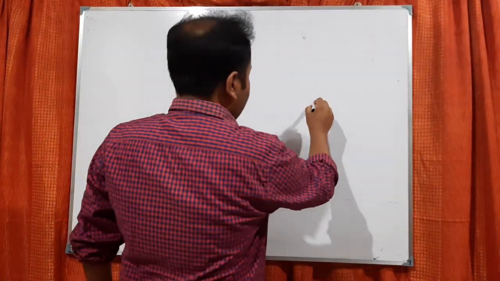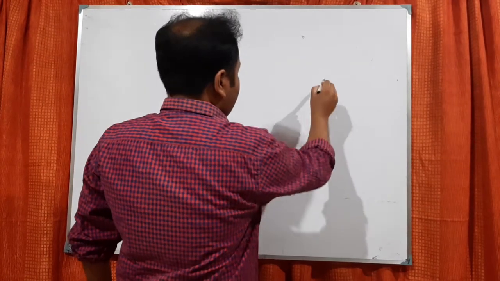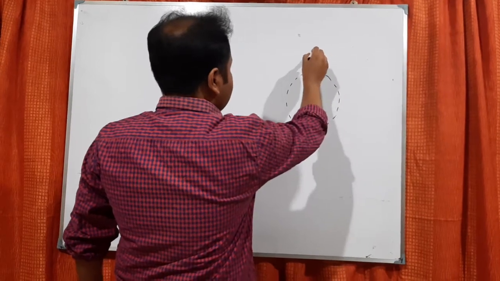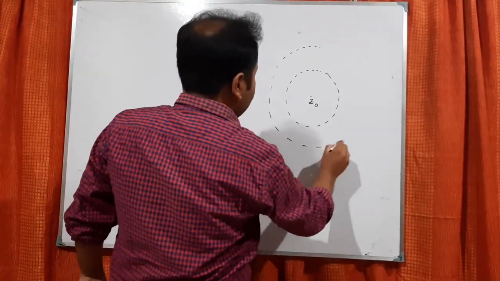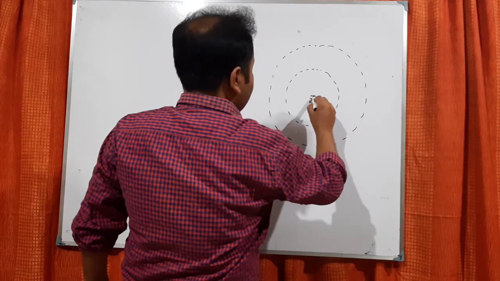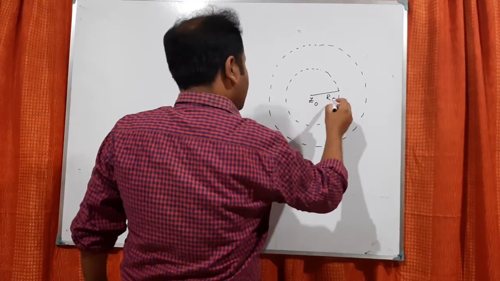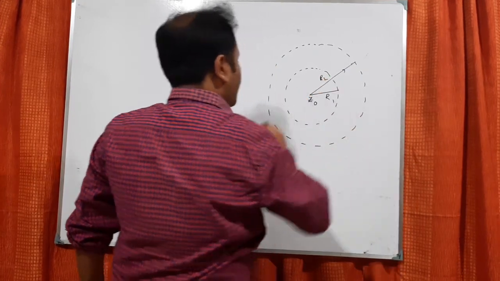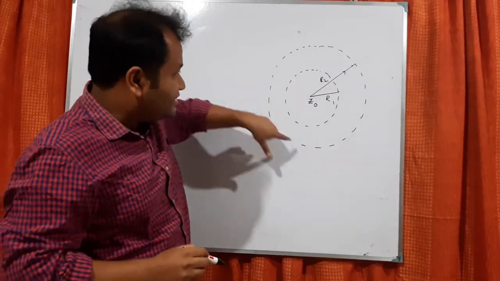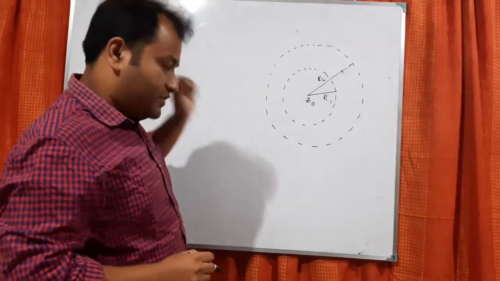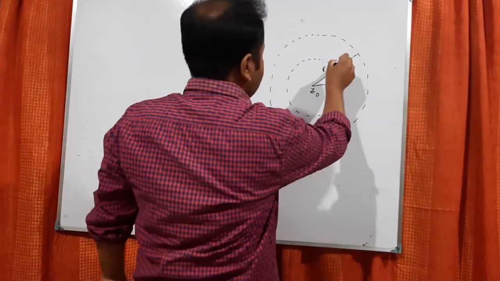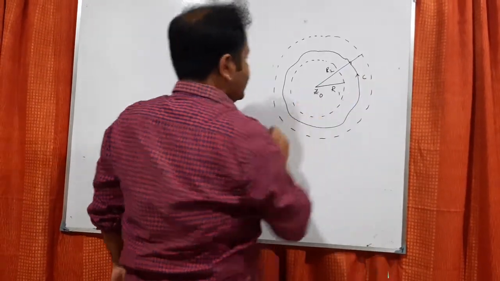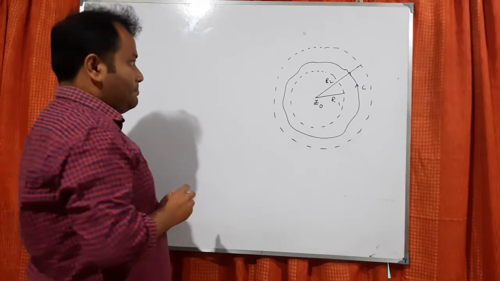Suppose there is a complex point Z0 and there is an annular region around this Z0 where this radius is say R1, this radius is R2. So basically this is the annular region, or the ring type of region, and there is a curve C which is given in anti-clockwise direction.